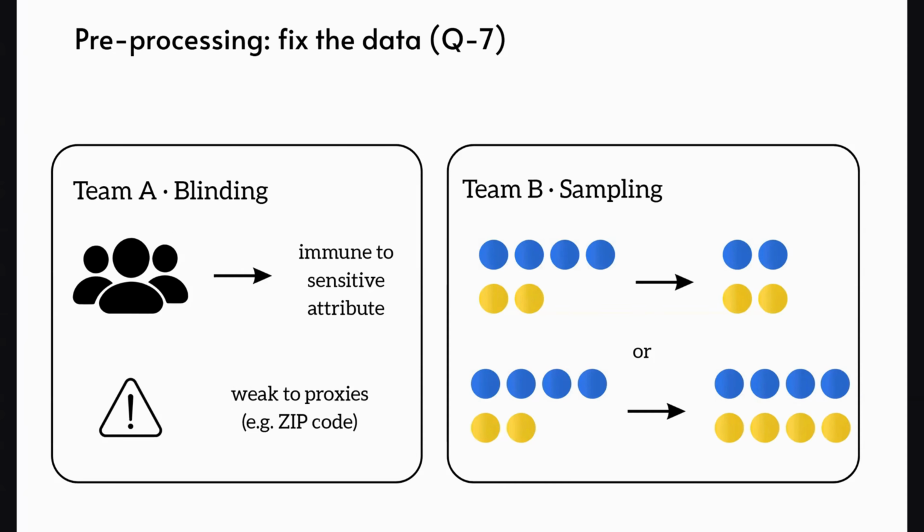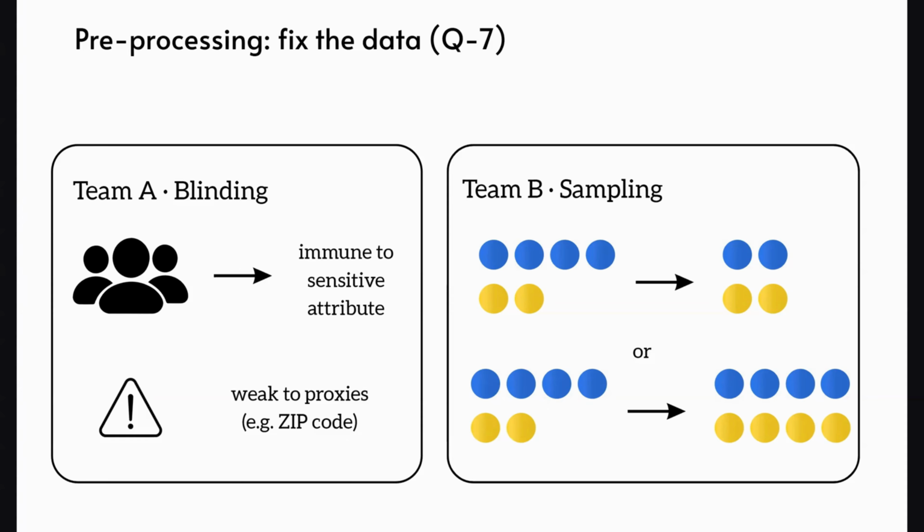First is pre-processing, fixing the data. Basically, you are just going to make sure that your data itself is well balanced, that it does not cause any biases. The first way to do this is blinding. What blinding does is make the model training immune to the sensitive attribute.